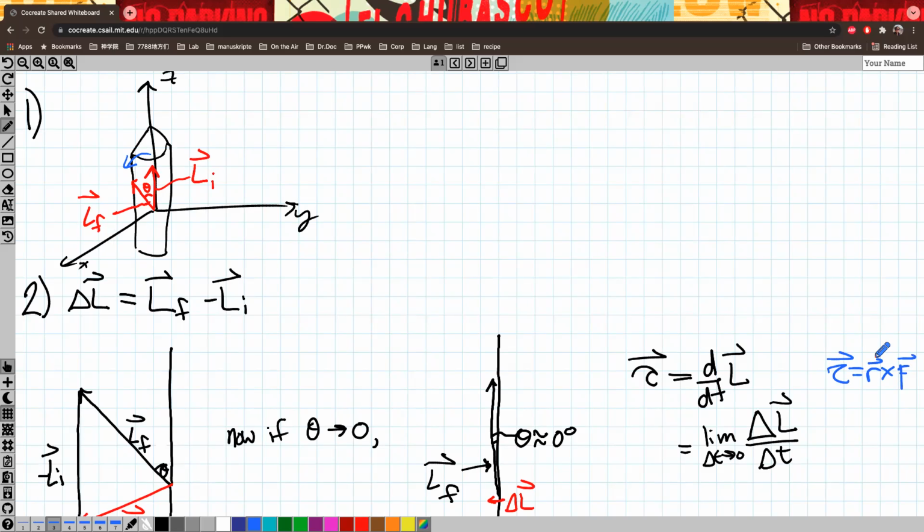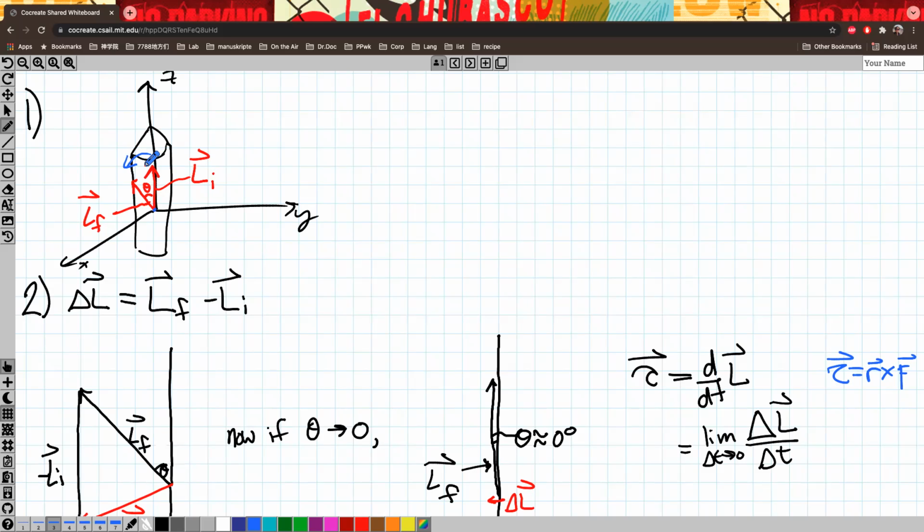So your pivot point, where is it pivoting? It's pivoting around this point over here. If you drew the R vector from the pivot point to the force that's causing the torque, you would have a vector going up like this. And then your force would be going into the screen.